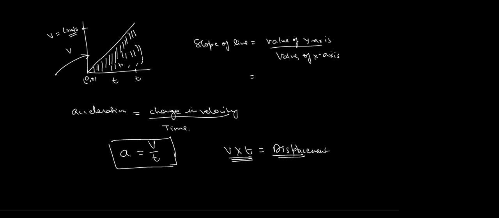For example, I will give you other examples also. The area under this graph will be the displacement of this car, or whatever object is traveling and forming this graph. So the area under this graph will give you displacement.